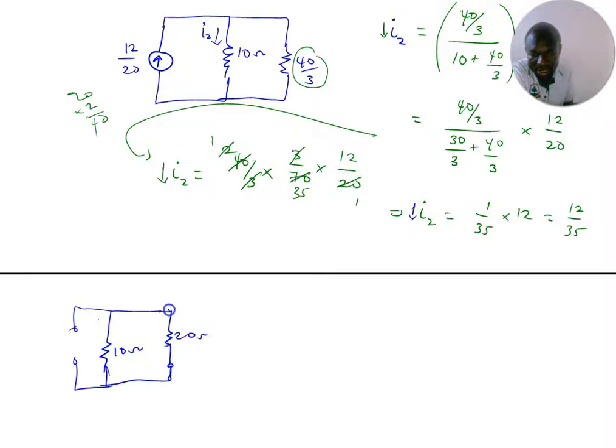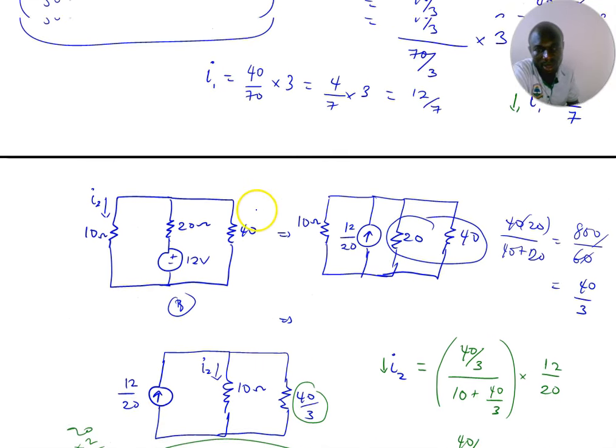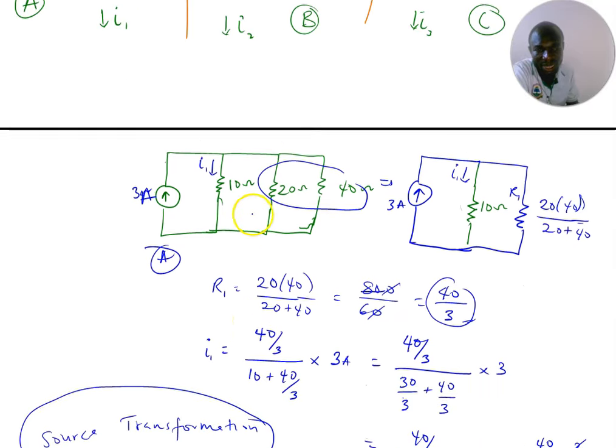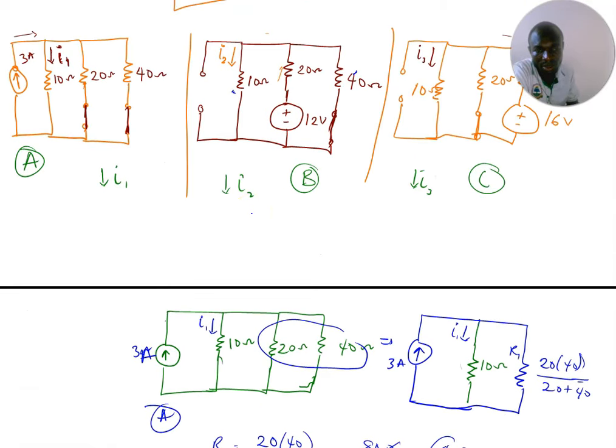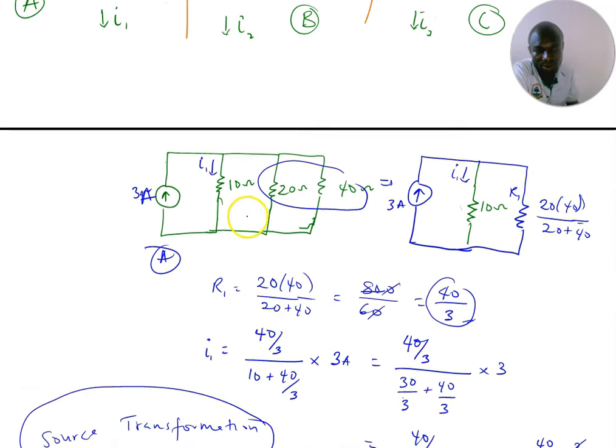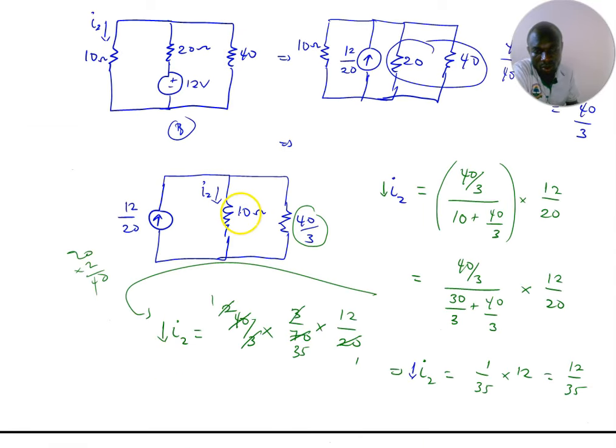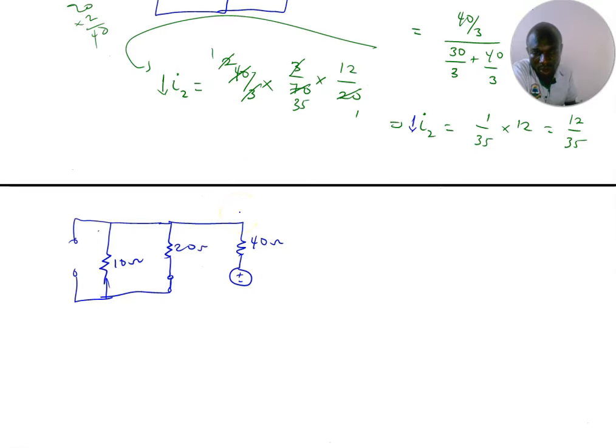Then we have the last one, which is 40 ohms. And this 40 ohms is connected to what? A battery. And what is this battery value? The battery value is basically going to be 16 volts.